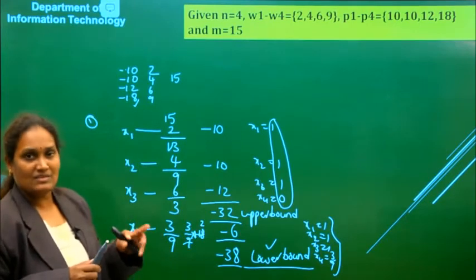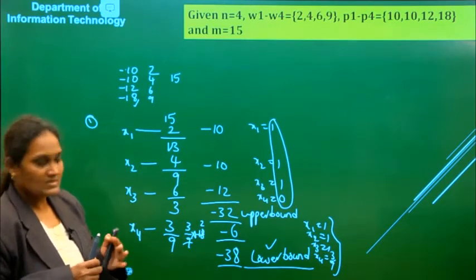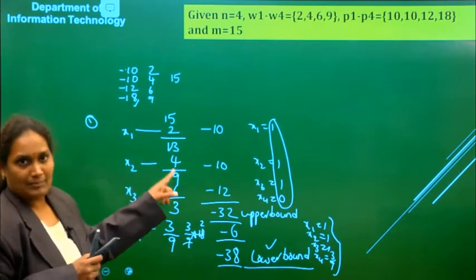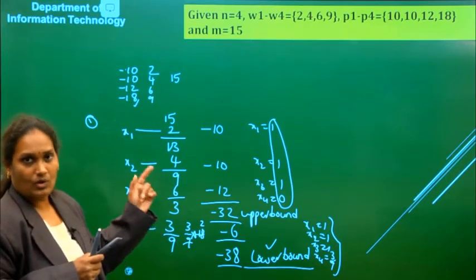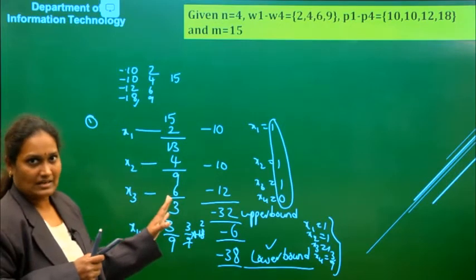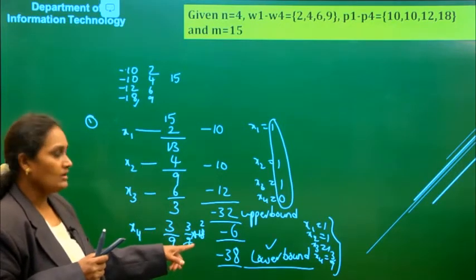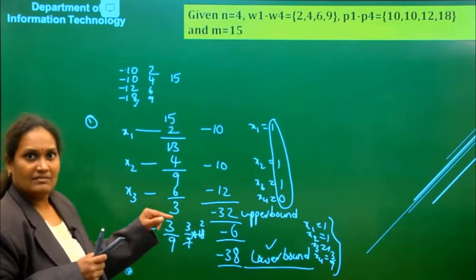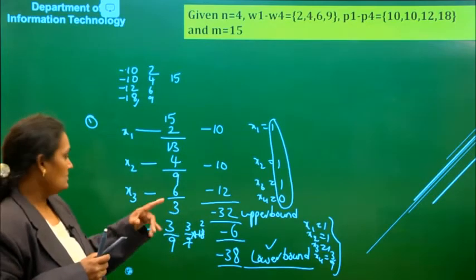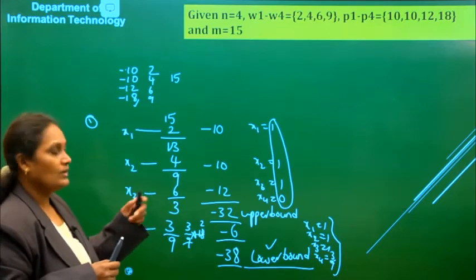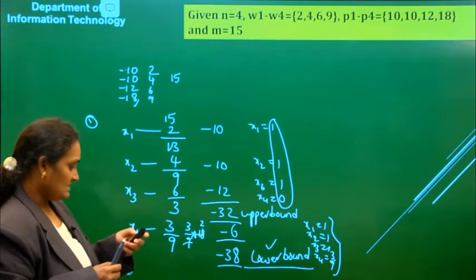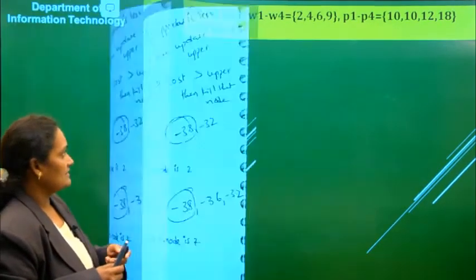That is, we are considering fractional values also. In calculating the upper bound, we are considering only whole values, either 0 or 1; no fractional values are considered. But in calculating the lower bound, we are considering fractional values also. So the upper bound at node 1 is minus 32 and the lower bound at node 1 is minus 38. Let us see the tree structure.